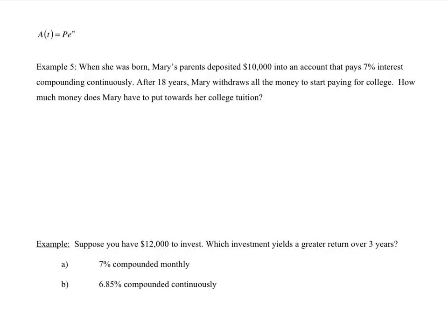Now, we talked about how to use the compound interest formula for when you have an annual percentage rate that's being compounded a specific number of times per year. But what happens when you have it compounding continuously? So this is the equation for compounding continuously.